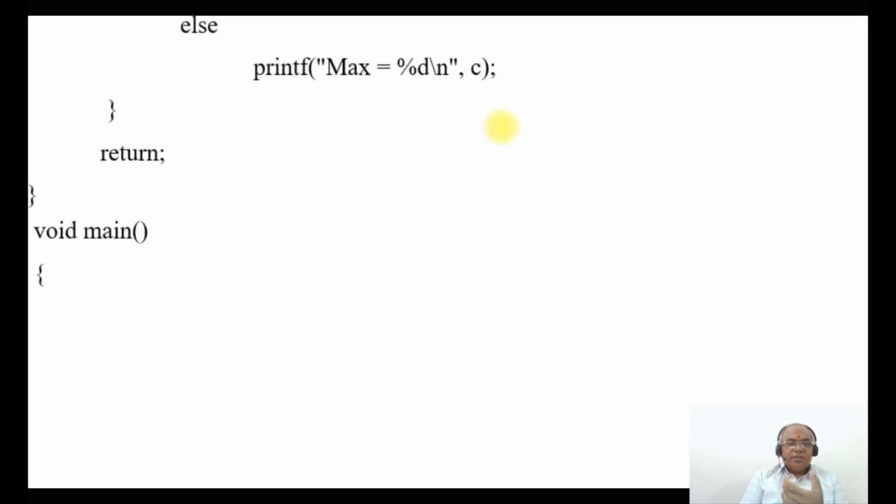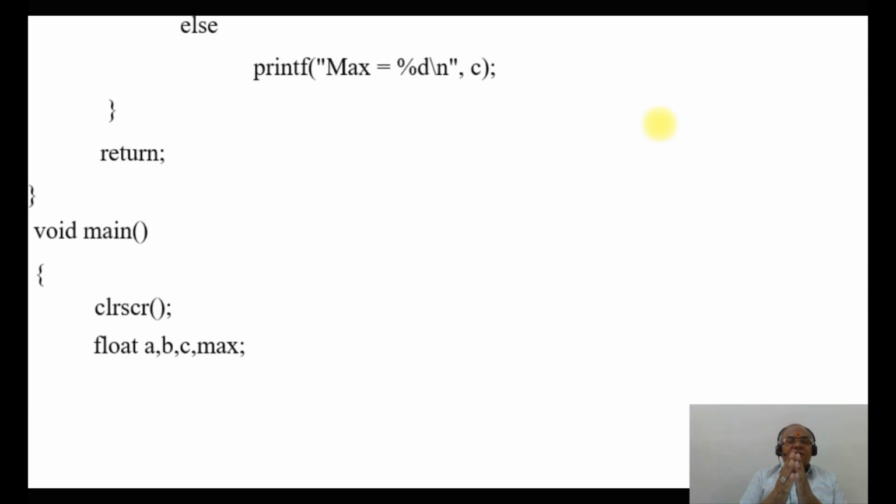Then we consider the main function, with clrscr. Since all the conditions are with respect to integers, the variables should also be defined as integers: int a, b, c, max.